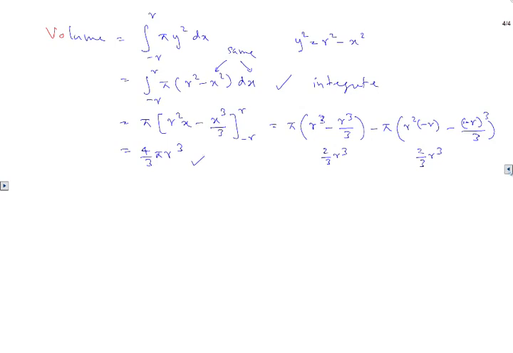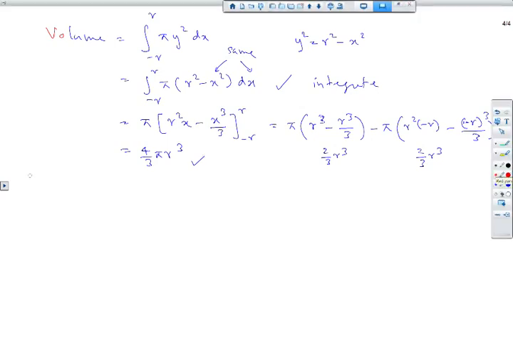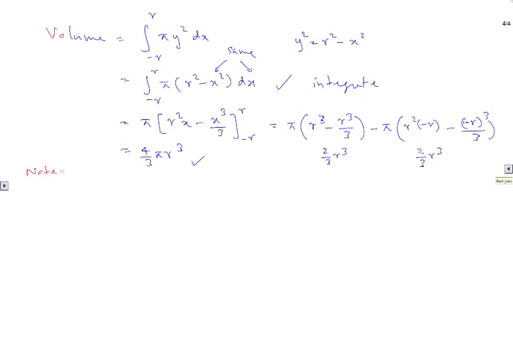Also, I'm going to give you a note. You can also get the volume by not integrating the whole thing, and only integrating from 0 to r. Because by the symmetry, if you just get half of it and double it, you get the full volume.